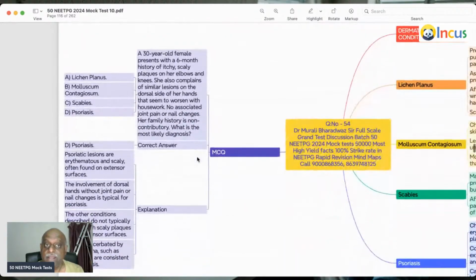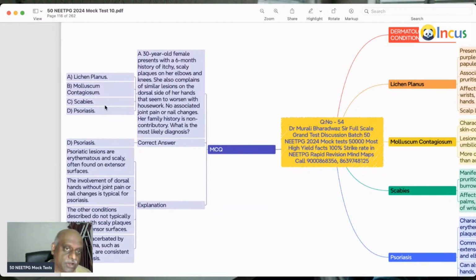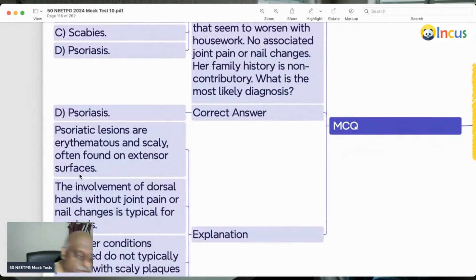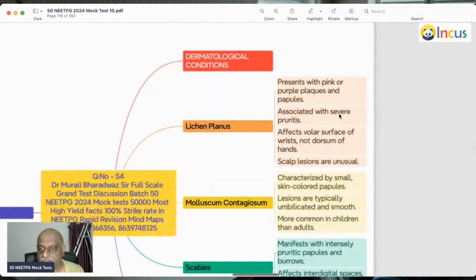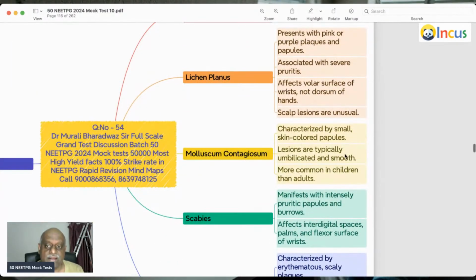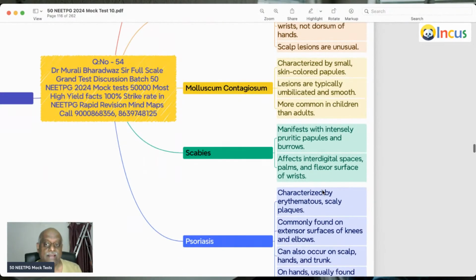Now, doctor, a 30-year-old female with 6-month history, itchy, scaly plaques on the elbows and knees, classical of psoriasis. You need to smell the diagnosis. So, skin-colored umbilicated lesions, molluscum contagiosum. Pruritic papules and burrows in the interdigital space, scabies.